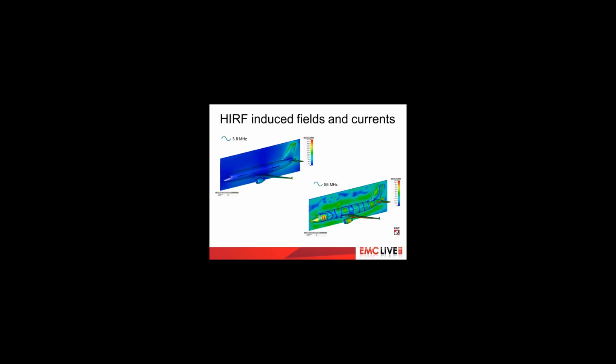But you can also notice that there are some strong currents on the edge of the wing. You can see multiple half wavelengths along the edge of the wing, so there may be some resonance effect happening there as well. So this field and current visualization is extremely powerful for understanding the response of the aircraft to the HIRF environment.